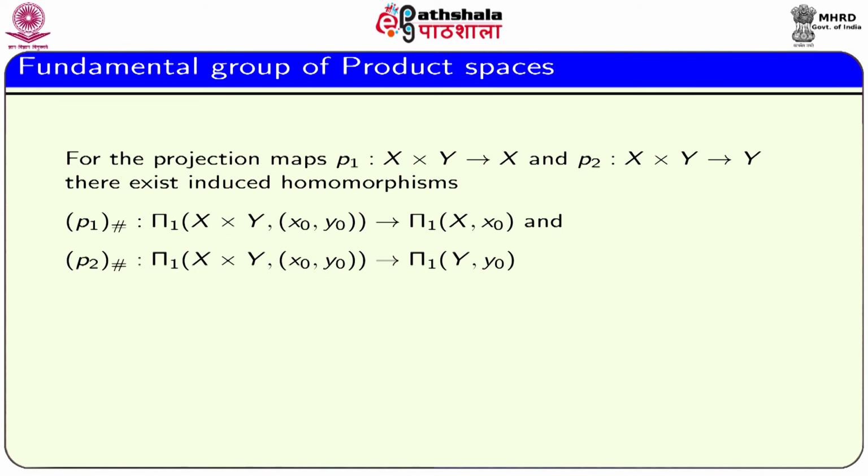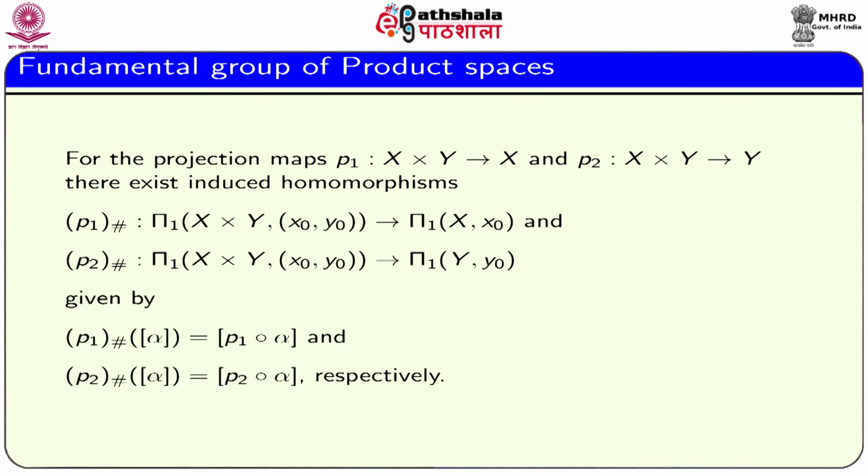For the projection maps P1 and P2, there exist induced homomorphisms P1 sharp and P2 sharp between the corresponding fundamental groups. These induced homomorphisms are given by P1 sharp of the class of alpha equal to the class of P1 composed alpha, and P2 sharp of the class of alpha equal to the class of P2 composed alpha.